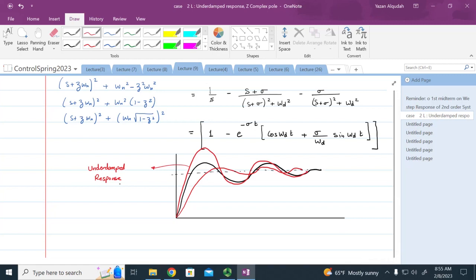Together? Now, if I were to add to this the critically damped, it's going to look something like this.